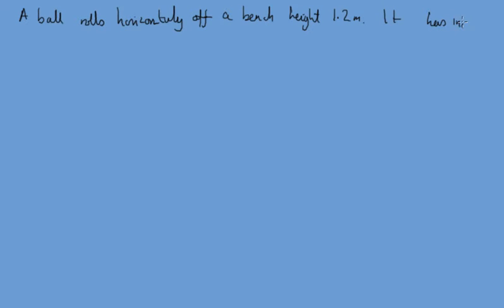So let's look at some examples. A ball rolls horizontally off a bench with height 1.2 meters. It has initial horizontal velocity of 3.0 meters per second.